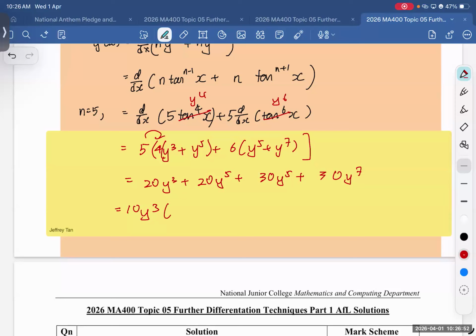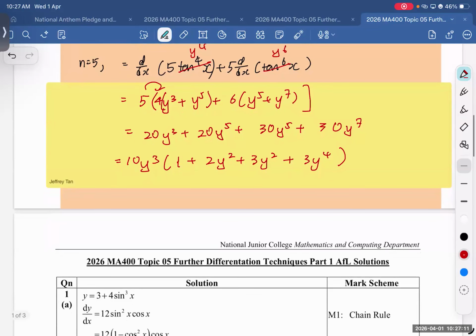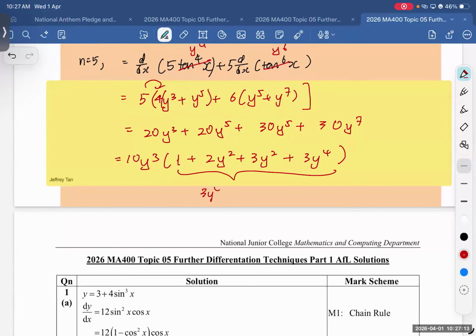What are you left with inside? 1 plus 2y squared plus 3y squared plus 3y power 4. This is again factorizable. This is like 3y power 4 plus 5y squared plus 1. Then y cubed.